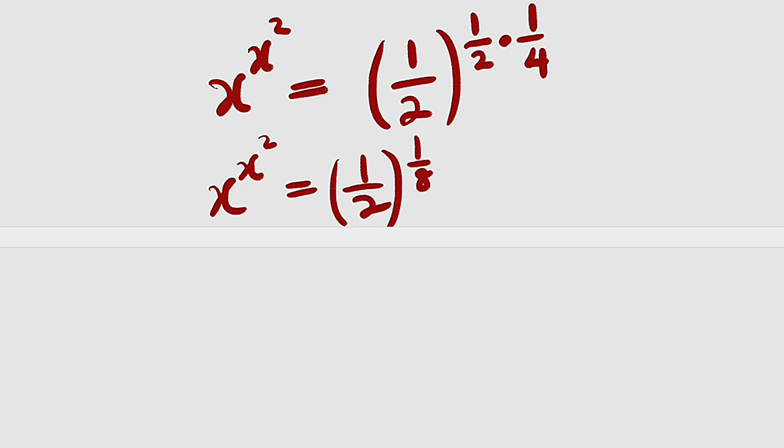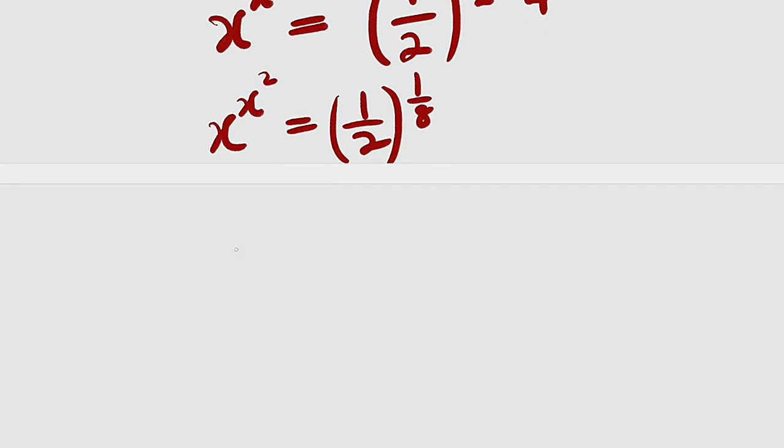So we have x to the power of x squared equal to 1 divided by 2 to the power of 1 divided by 8. From here, I want us to apply one logic. Multiplying anything by 1 will not change it. So I would like to multiply the exponent on the right hand side by 2 divided by 2. 2 divided by 2 is the same thing as 1, right?